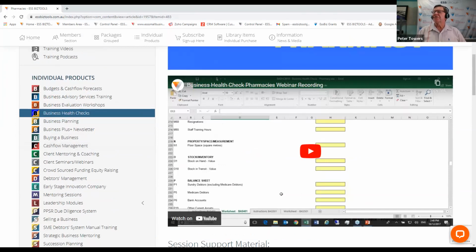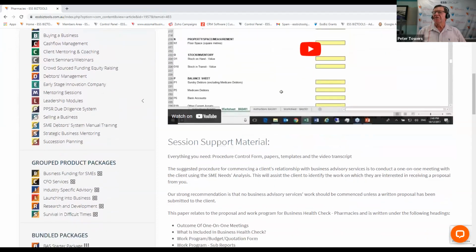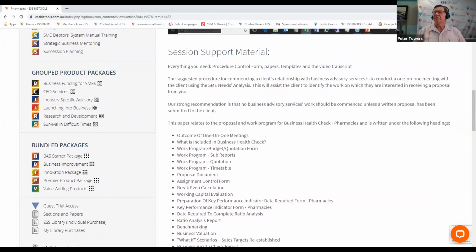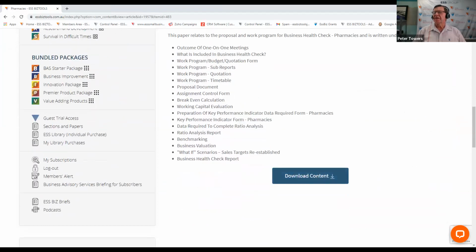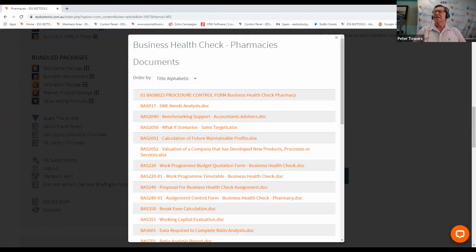Here in the middle and on the right-hand side, you can see that we have a webinar recording. And then we've got some commentary on what's included. So we're going to download that content. And on the screen now, you have the list of what's included in this package. There's a range of information to give it some support.